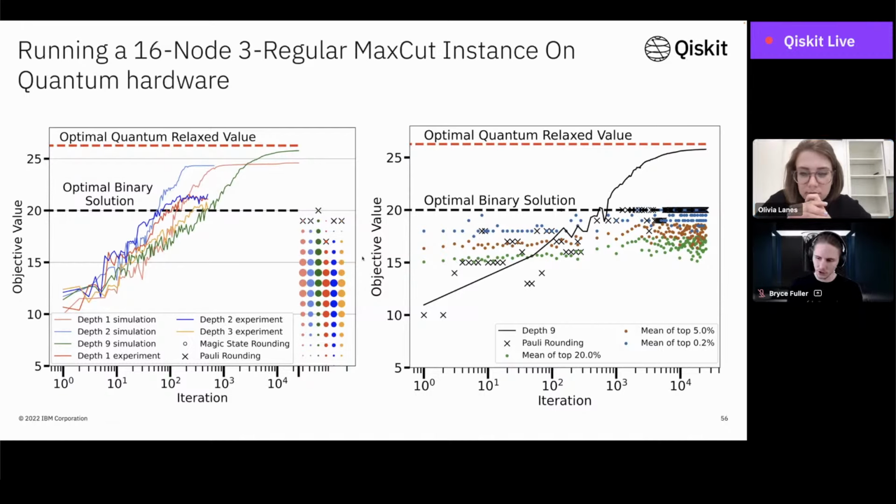So this chart on the left here is showing the results of rounding at the very end of VQE. And this is showing something similar. However, instead of plotting the full distribution, which would have been far too much data, I'm taking just the top, for example, the top 5% of samples that I observed and plotting those. First of all, you don't need 6 of these stacked next to each other to the right because there's only one run that I'm looking at.